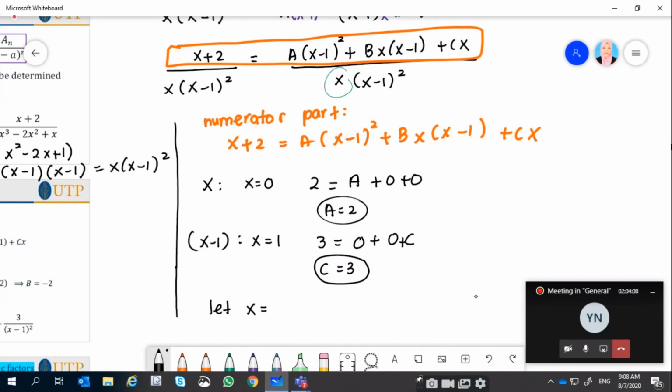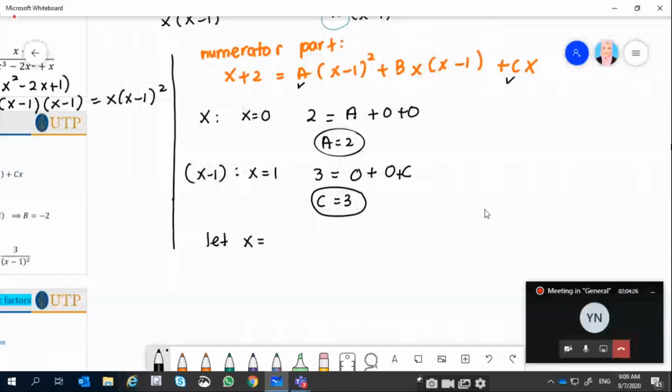Because we already have the value of a and the value of c, when you substitute s with any number, the b should be the same value. The real number means you can substitute any number, but please choose a small and easier number that you can calculate.